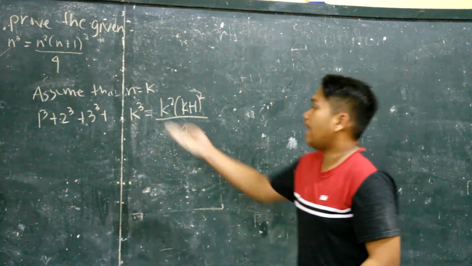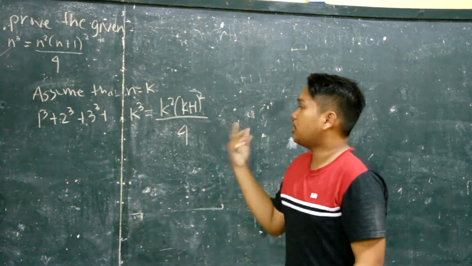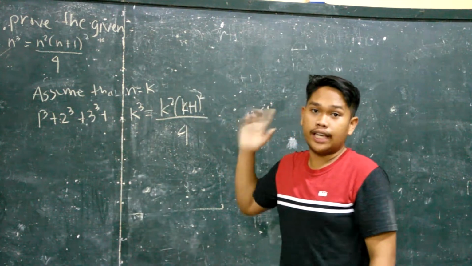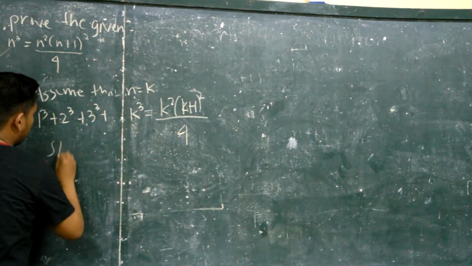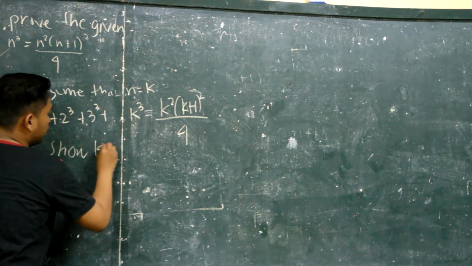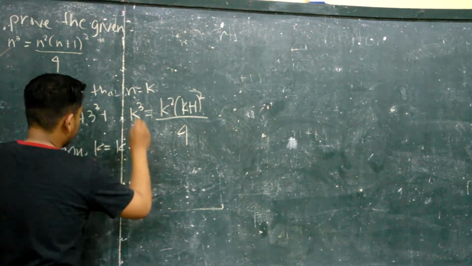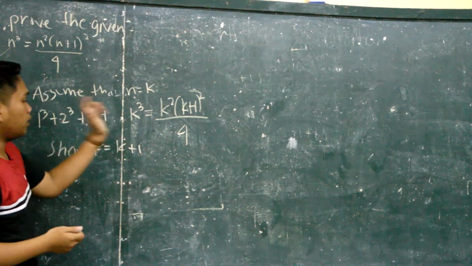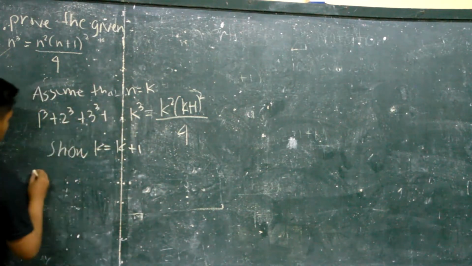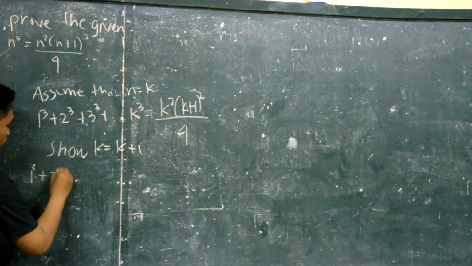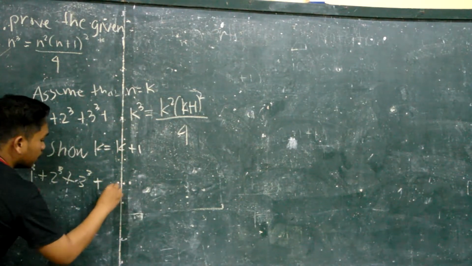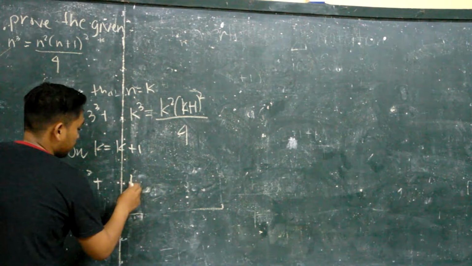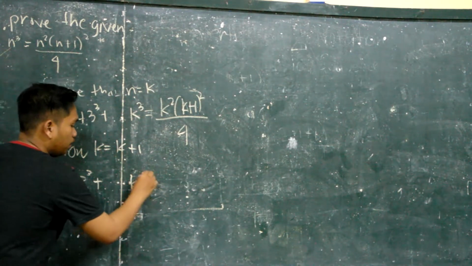After assuming that n is equal to k, let us show that it is true for k plus 1. Let us substitute all the k's with k plus 1. So 1 cube plus 2 cube plus 3 cube plus dot dot dot plus k cube.